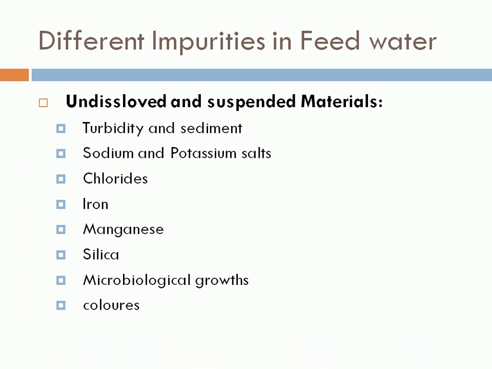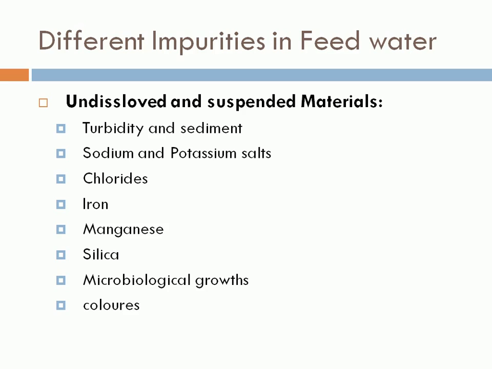So now, different impurities in the feed water. Which types of impurities can you see in the feed water? Feed water is an essential part of a boiler, we can say, and this is also known as a closed system.